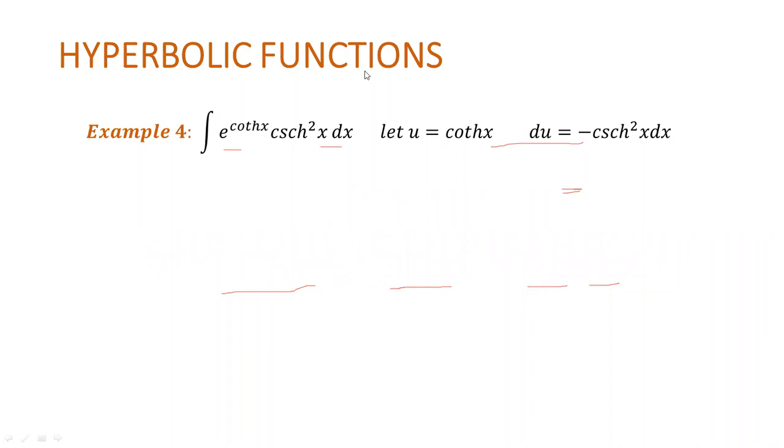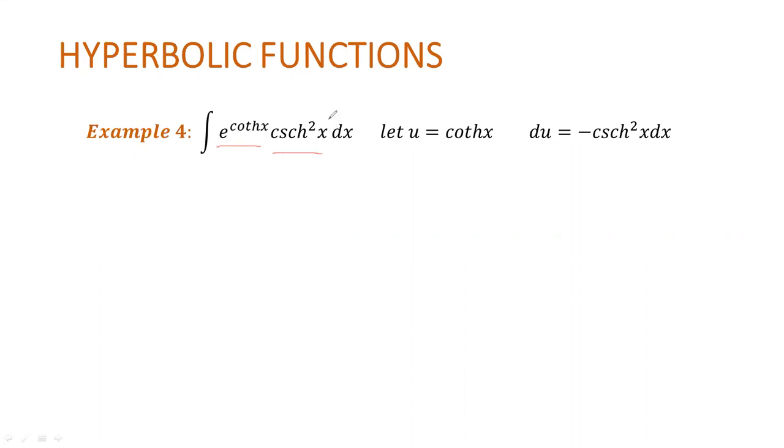Now let me clear the marking. So in here, again, we have a mix of the exponential function and the hyperbolic cosecant squared of x. Now, if we set this particular function, the hyperbolic cosecant squared of x, as the main function, the remaining expression cannot be the derivative of this expression, because this particular function in itself is standalone.